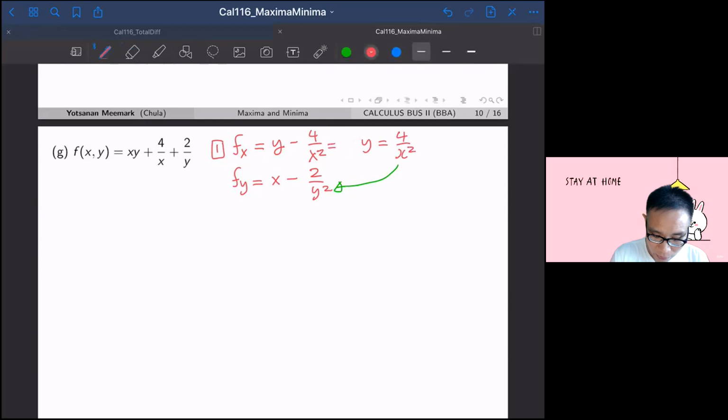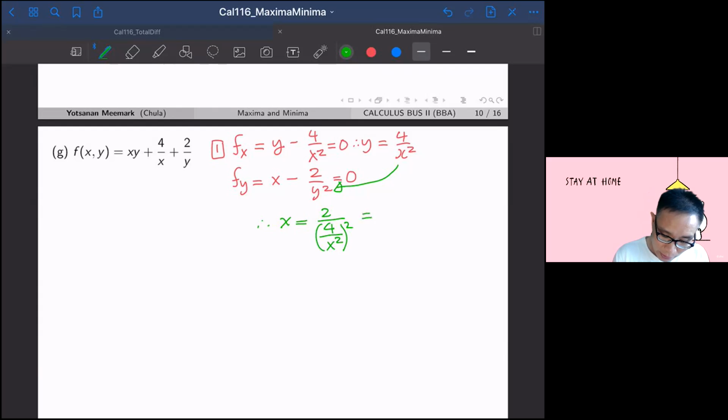So this guy equal to 0, and you solve for y, and this guy equal to 0, and you solve for y. Okay, so from here you would have x equal to 2 over (4 over x squared), and then squared.